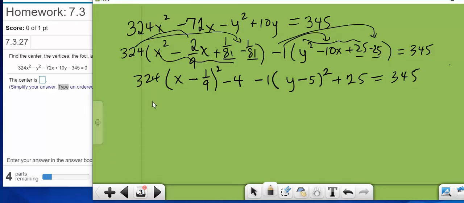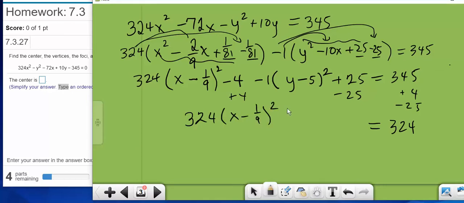So let's see here. We're going to add 4, subtract 25. We want to get all the constants on one side. So that's 324. And then we're going to divide all 3 terms by the 324.